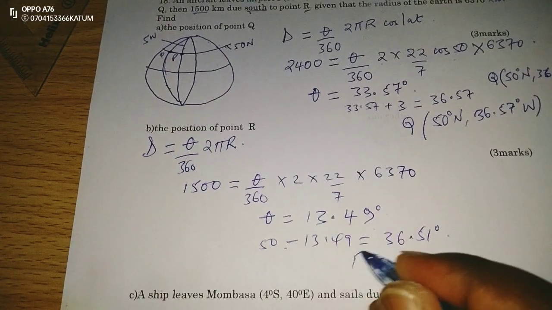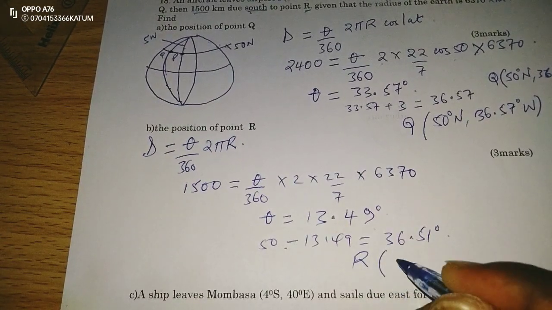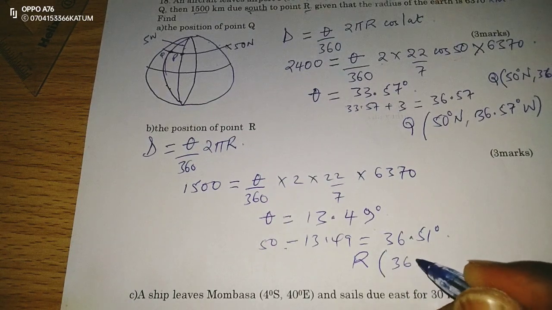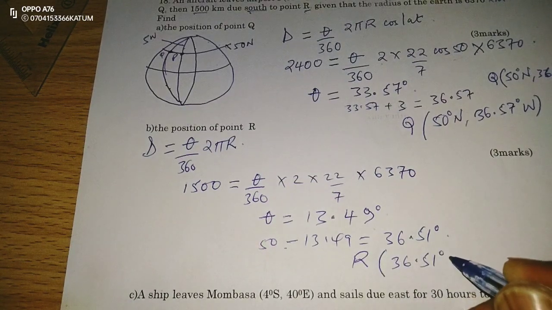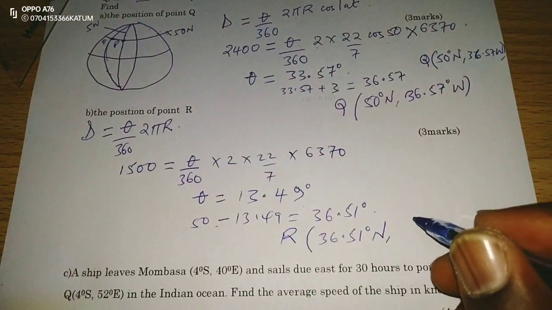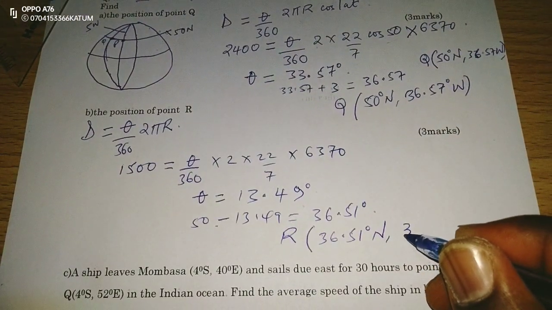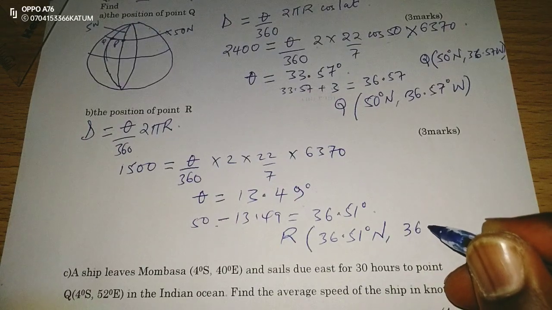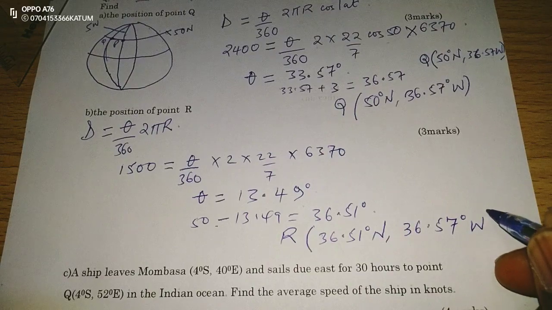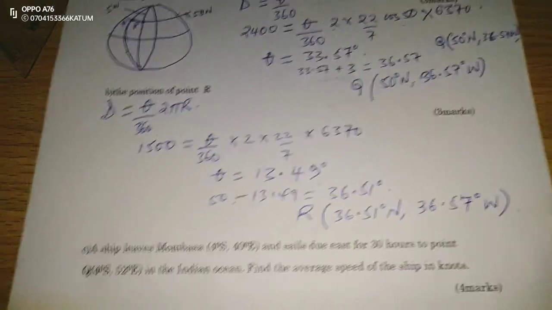Therefore, the position of R is 36.51 degrees north, and we are still moving along 36.57 degrees west. So that is the position of R.